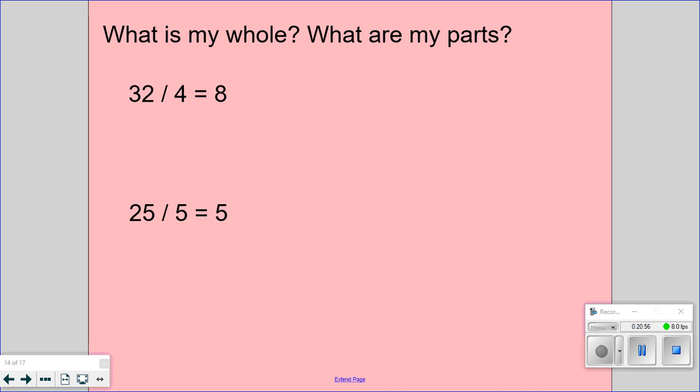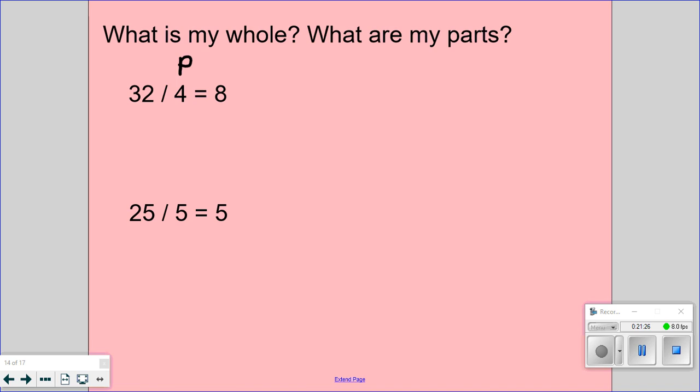Parts. Do we have groups here? Which one of those symbols means groups? You wrote it down. We're at that first equation again. You have to look at your notebook. Which one of those symbols means groups? Macklin? 4. Above that 4, go ahead and put a little P. That's a part.